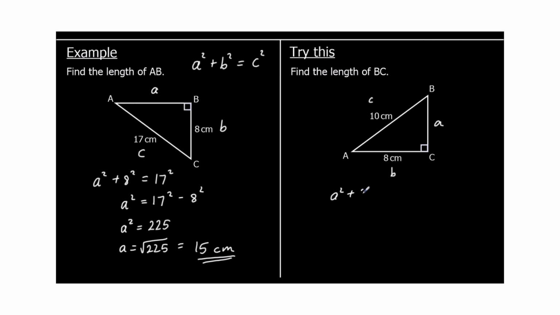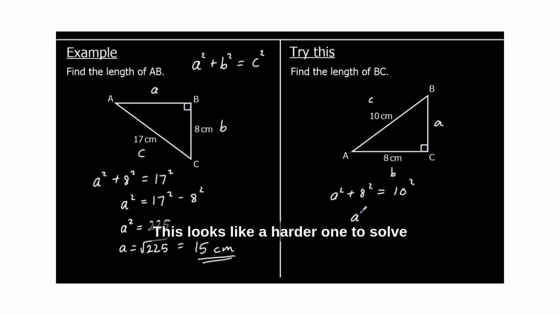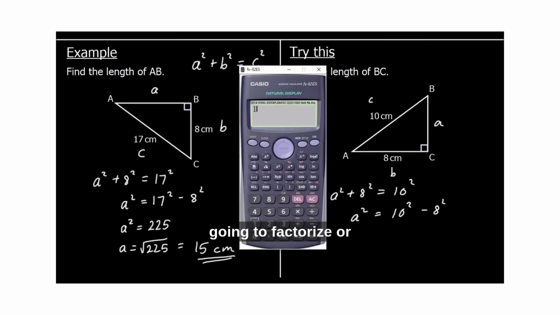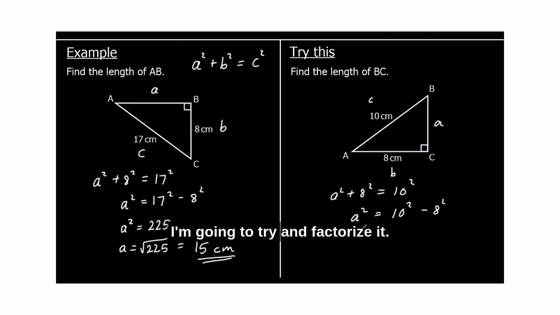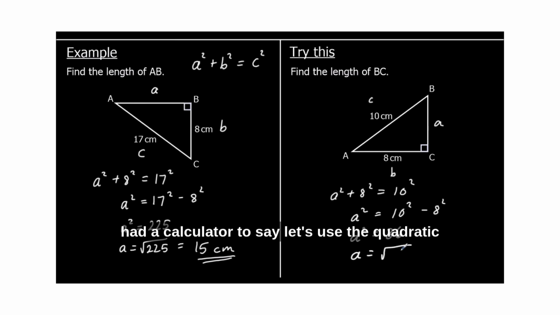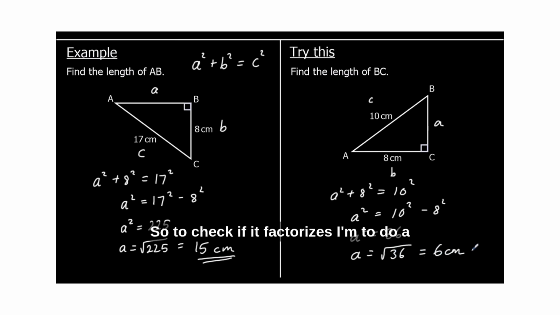So a squared plus 8 squared equals 10 squared, which means a squared is equal to 10 squared minus 8 squared. 10 squared minus 8 squared is 36. So a squared is equal to 36. So a is the square root of 36, which is 6 centimeters.